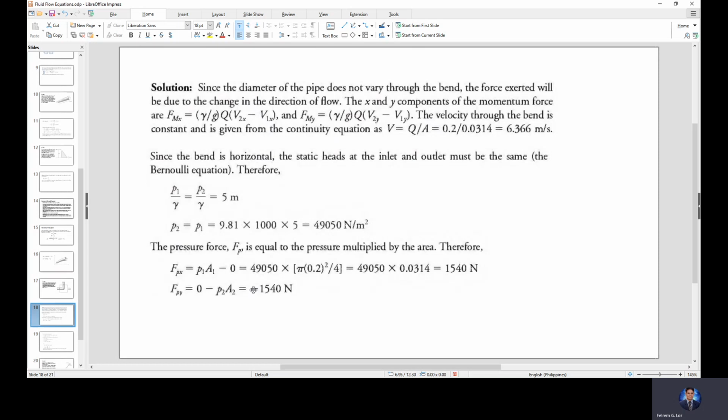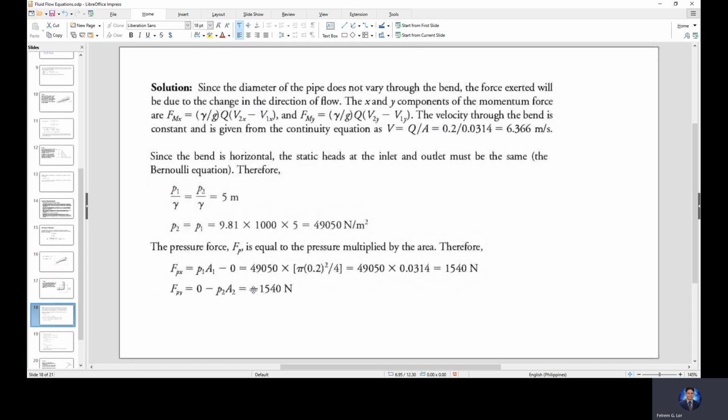If you observe, there are plus and minus signs. In this particular topic, the positive and negative sign refers to the direction, because vectors are practically important here. So the force along x is 1540 newtons.